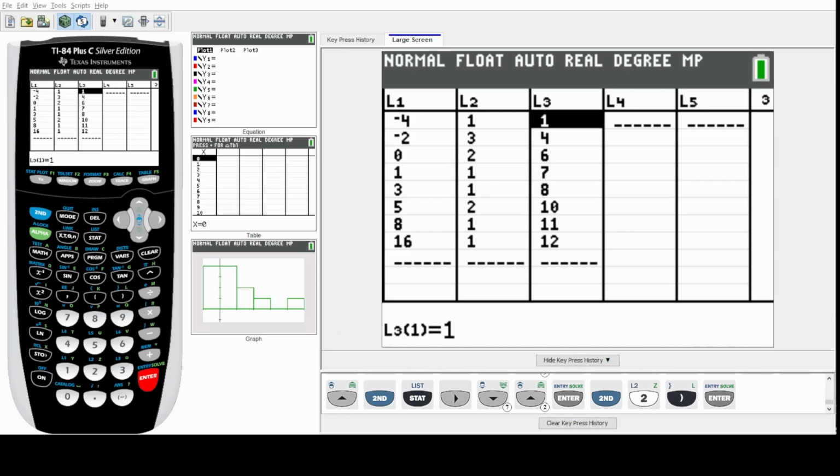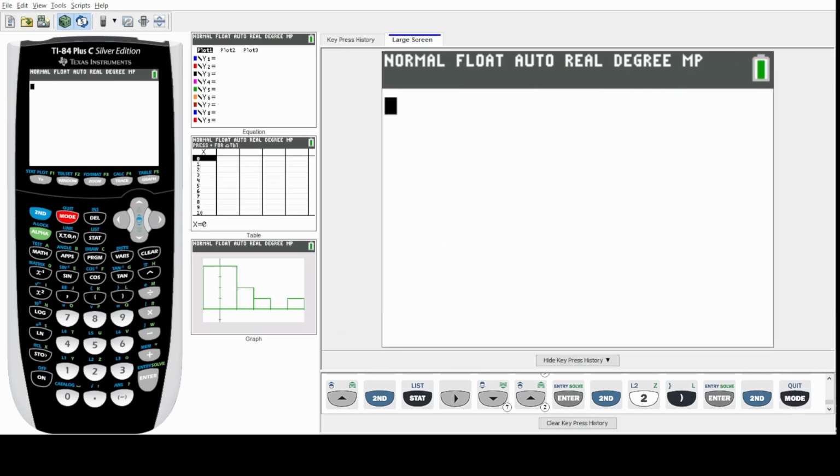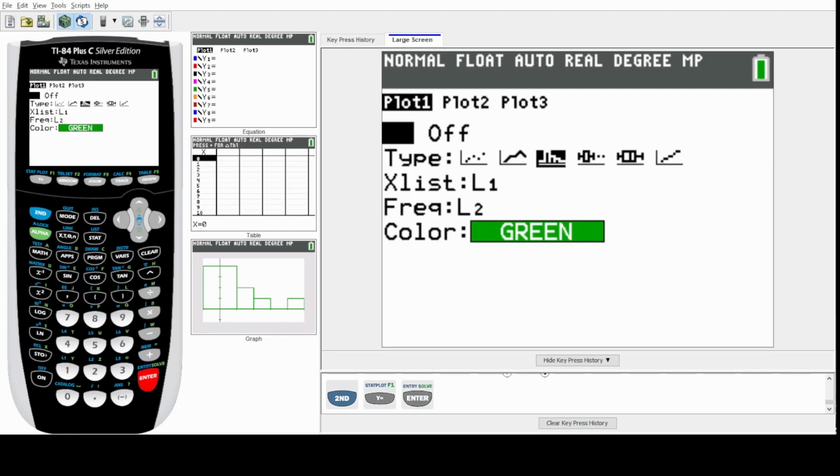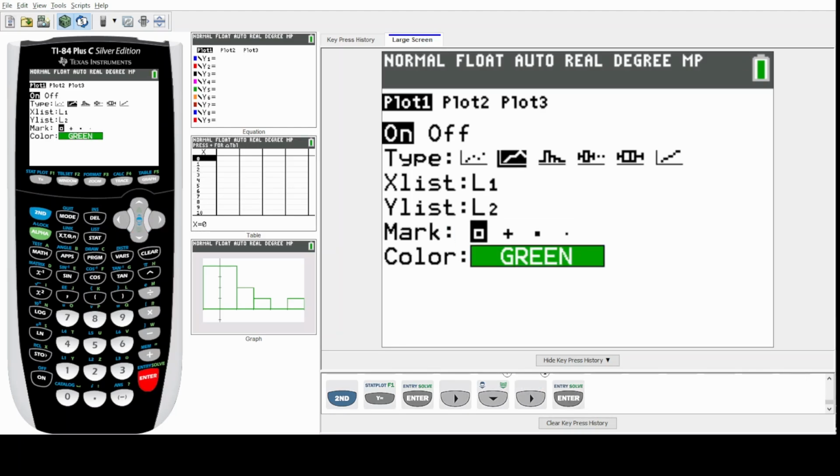So now to get the cumulative frequency, what I'm going to do is I'm going to get out of here, second quit. I'm going to go to stat plot, second stat plot, and I'll just go into this first one again. That's fine. Now what I would like is a continuous graph, and it gives me now a choice of my X list and my Y list.